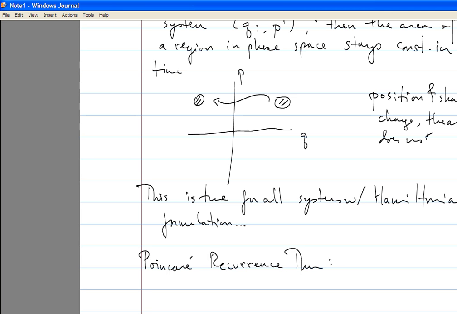Now, before I state the Poincare Recurrence Theorem, let me just start with a few preliminaries. So in Liouville's result, we saw that although the area of a blob in phase space remains constant, its shape does not.